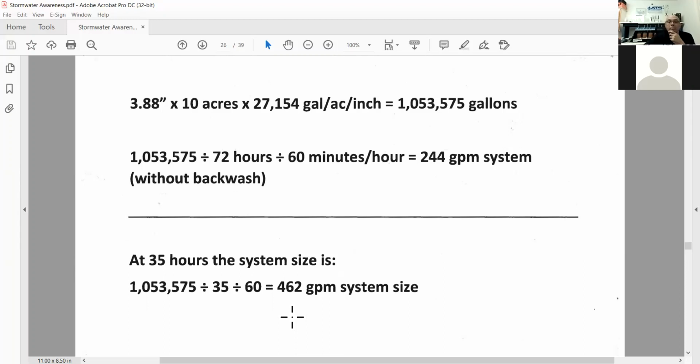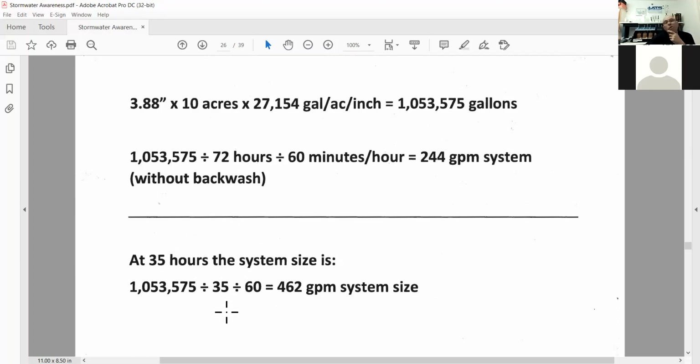Now, we know from looking at this already, we'd like to run about 200 gallons per minute through a tank. This 244 shows that we're going to need 2 tanks anyway. And this 462 is saying use 3 tanks. And 3 tanks does not make sense on this particular site for the volume of water. 2 tanks does. So lower this to 400 gallons per minute, run the numbers backwards and find out the hours of pump down. In this case, it's 42 hours.